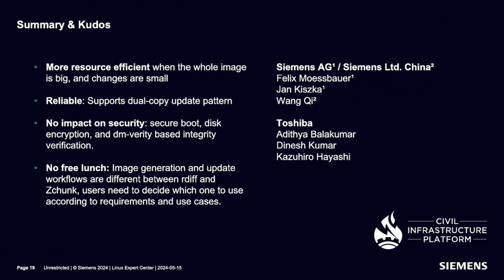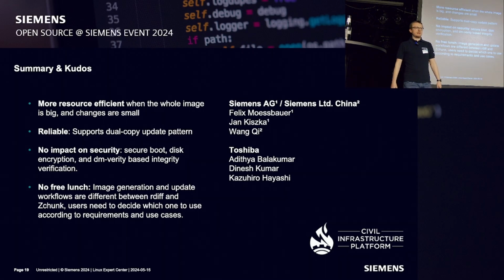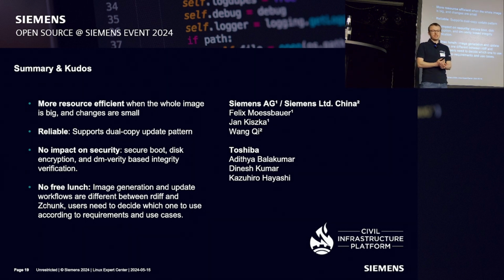All guarantees we give with a full image update, we also still provide with the partial or delta update. But also, like always in life, it's no free lunch. You need to decide on a workflow, and each of the workflows, like RDIFF or ZChunk, comes with its pros and cons.